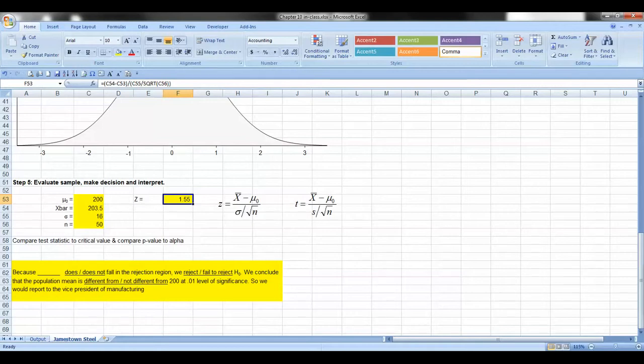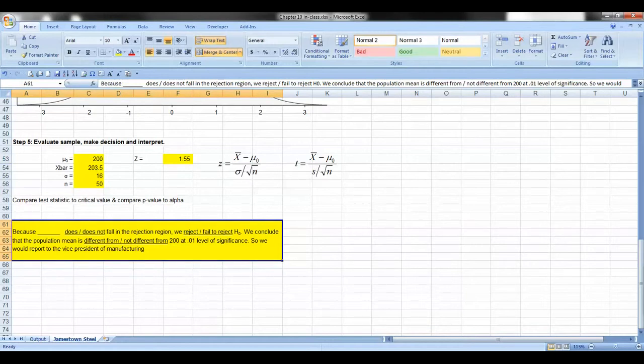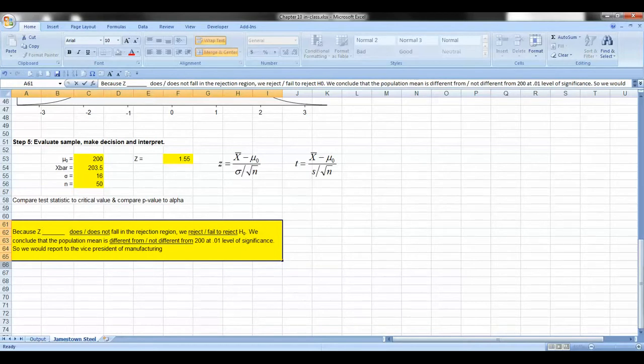So now we compare the test statistic to the critical value and determine whether or not it falls within the range or does not. Because the z value of 1.55 does fall in the rejection region, we fail to reject the null hypothesis because we conclude that the population mean is not different from 200 at the 0.01 level of significance.